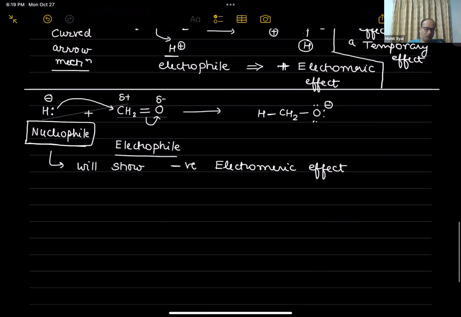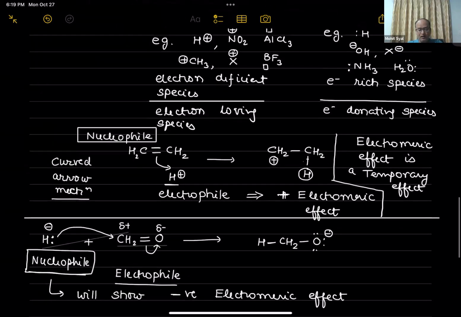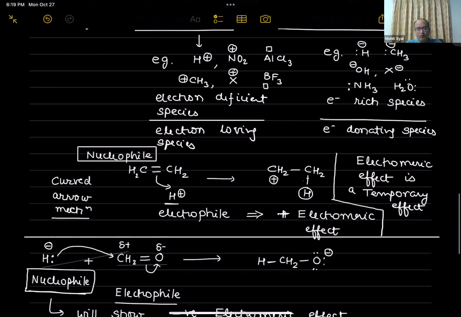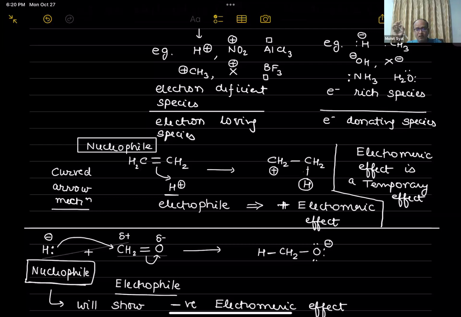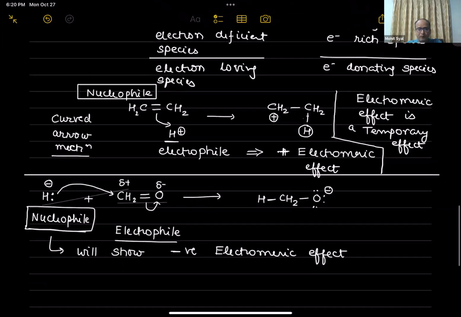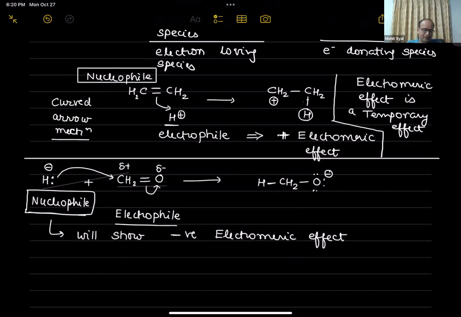So now we learned what an electrophile is and what a nucleophile is. That also we learned, and this is going to form the heart of organic chemistry. So be careful. If nothing is clear, do tell me.